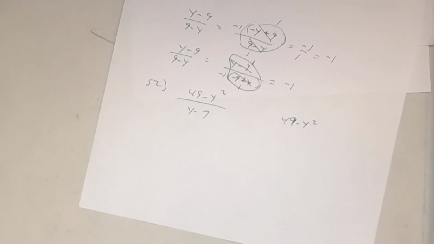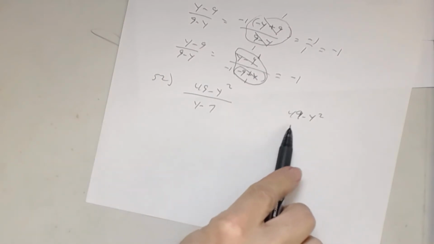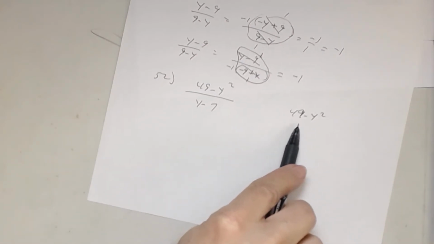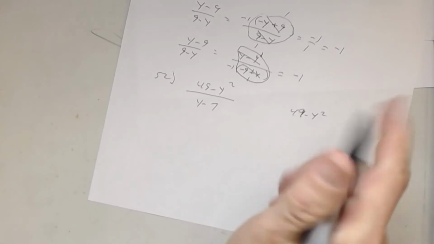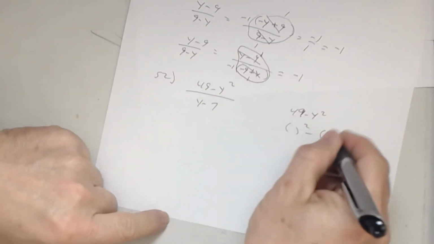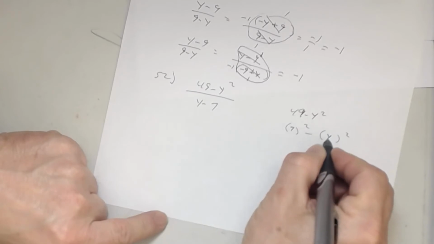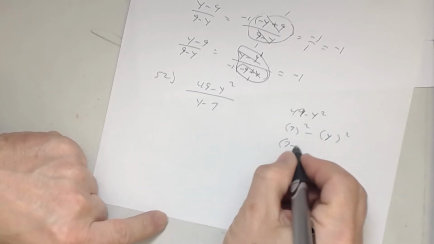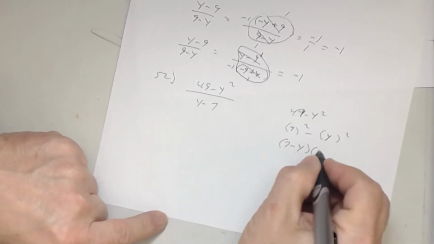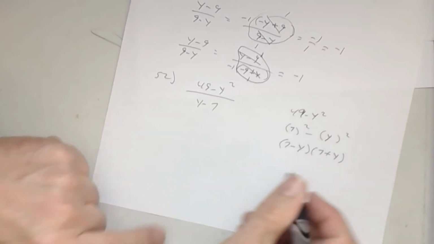A few of you, a couple of you I should say, did this on the worksheet you turned in. When you factor this, difference of two squares, what goes here? 7. What goes here? Y. So this is 7 minus y times what? 7 plus y. So that's your numerator.